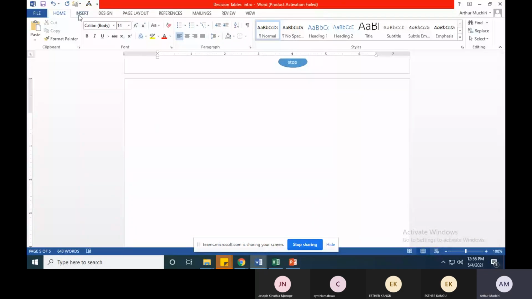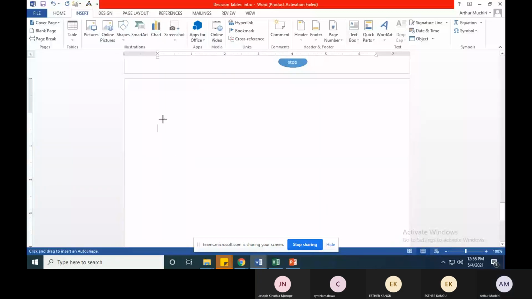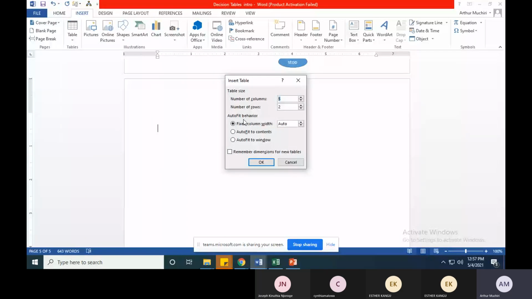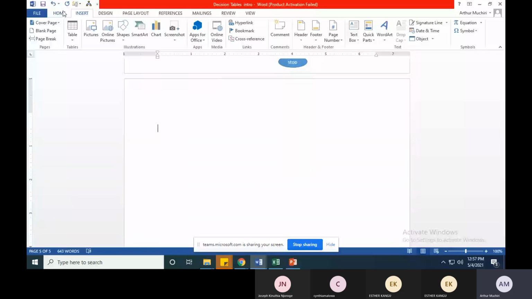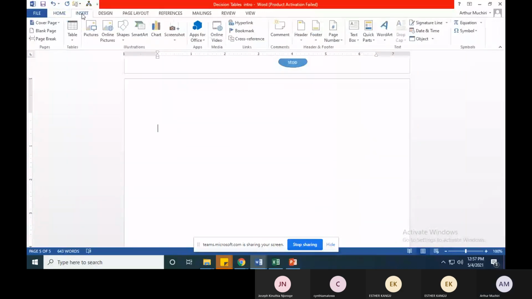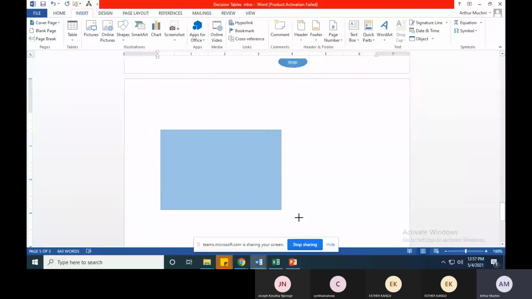So we're going to go to insert, and then we can use a table, insert table, how many rows and how many columns. Okay, let me draw it manually instead of inserting a table so that you understand what I mean. So we're going to have a box like this.